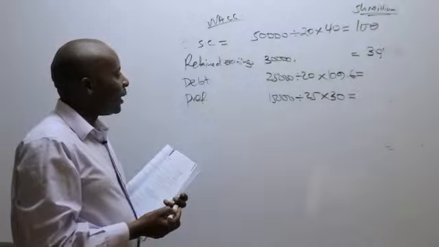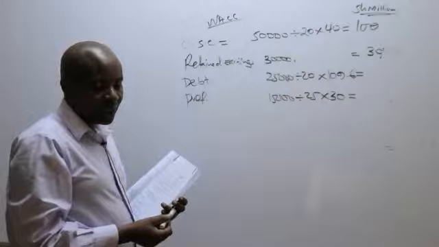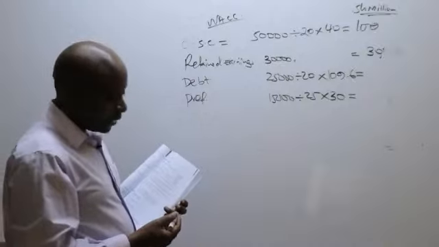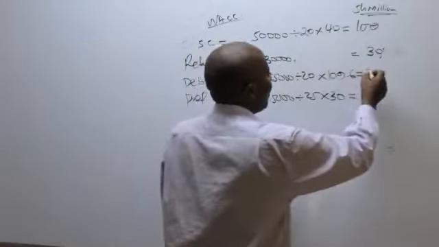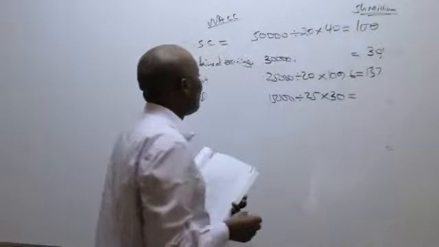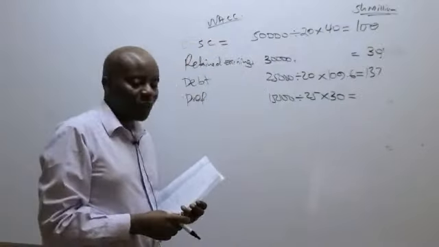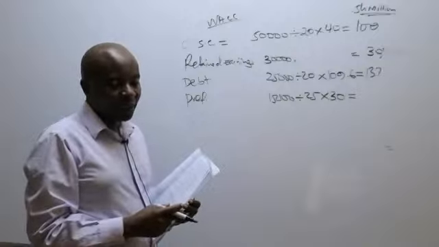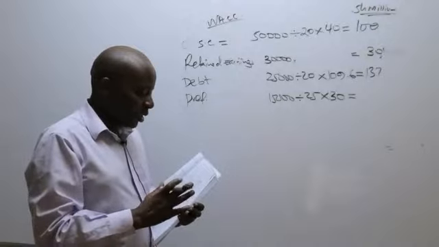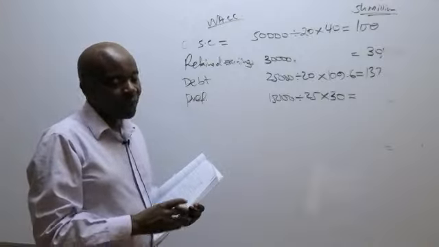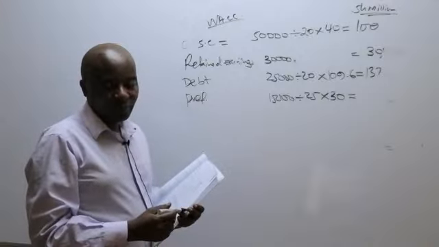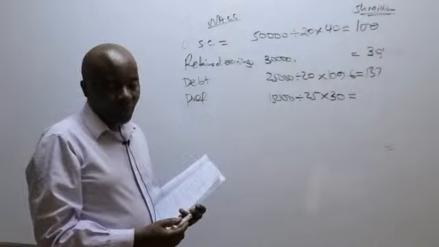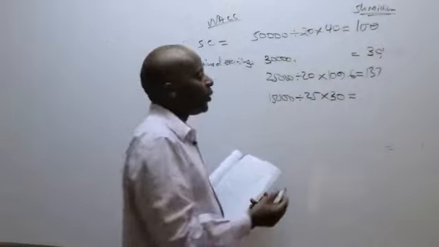How about debt? 137,000, so 137. I've decided to work without the zeros. And preference is 18. Thank you very much.